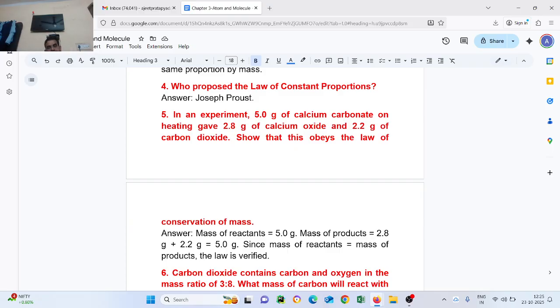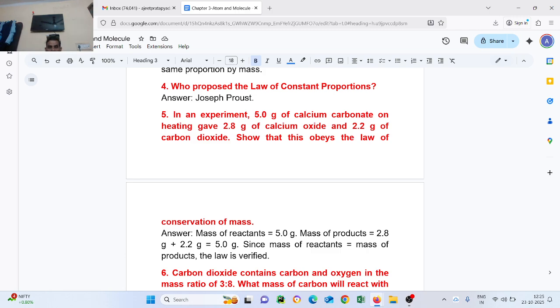Calcium carbonate is the reactant, so the mass given is 5 gram on heating. Mass of product equals mass of calcium oxide plus mass of carbon dioxide. Given mass of calcium oxide is 2.8 and mass of carbon dioxide is 2.2.